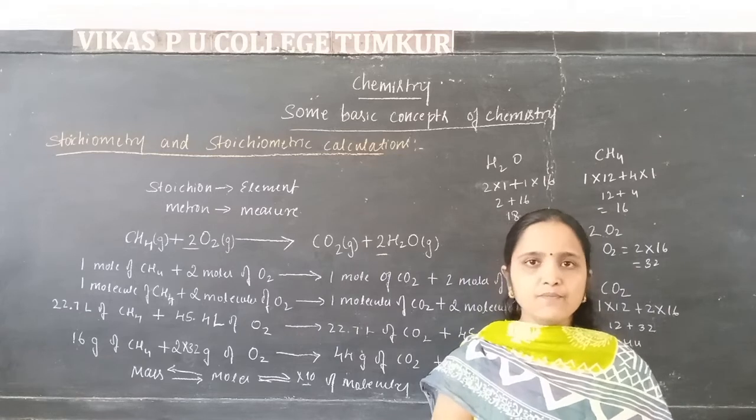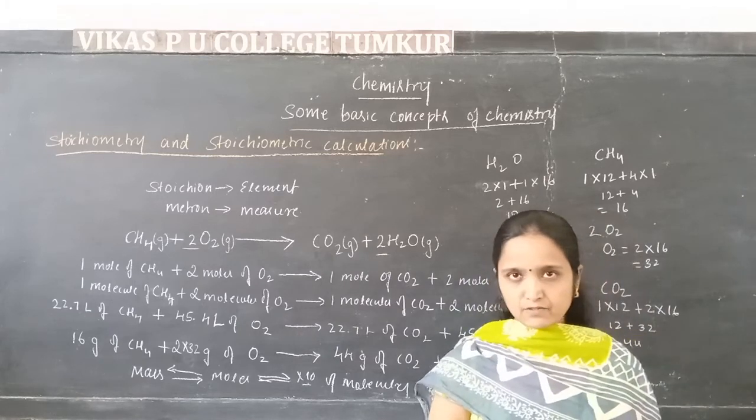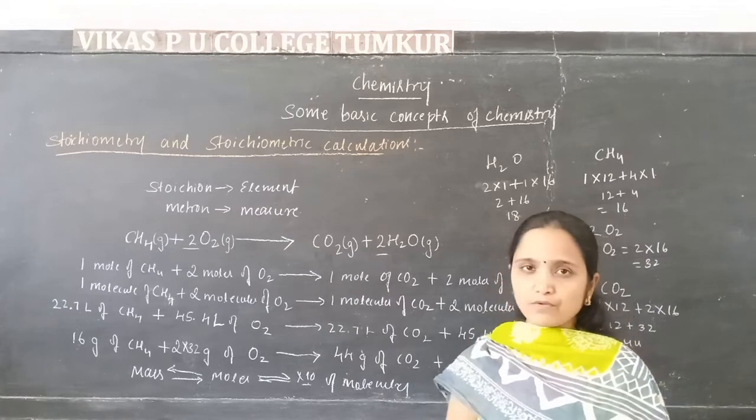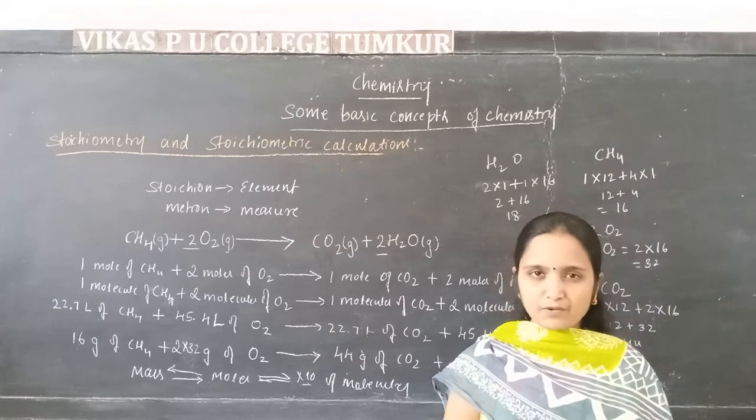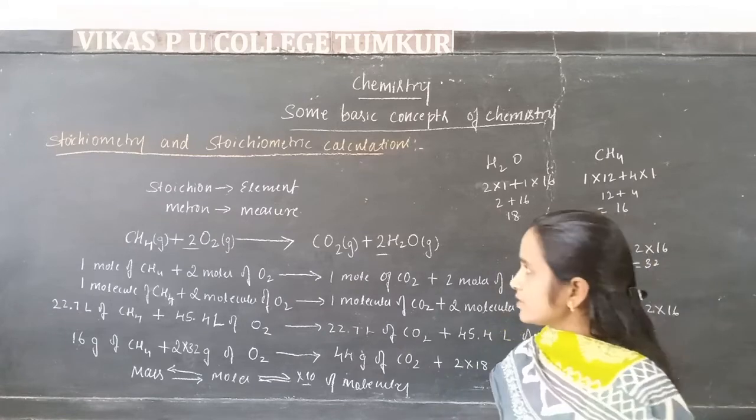Now we will solve some problems based on this: how to calculate stoichiometric calculations, that is, how to calculate the number of moles given in the chemical equation. That we will discuss now.